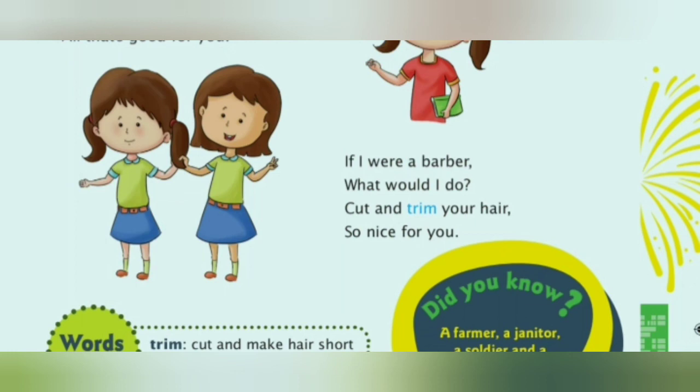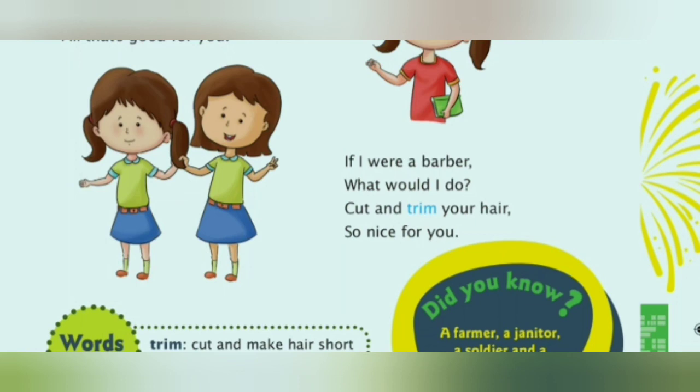Yes. Like we have a connecting word here, so we can split. Cut and trim your hair. Next line, so nice for you. This is like giving an answer. So nice for you. Full stop.